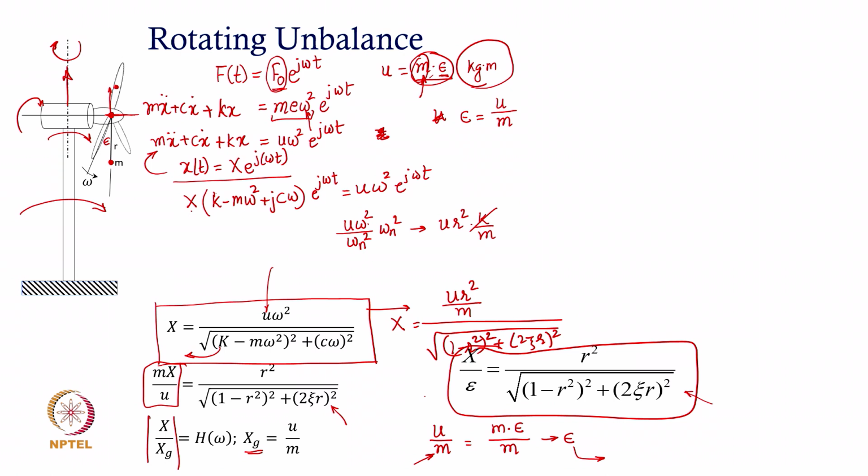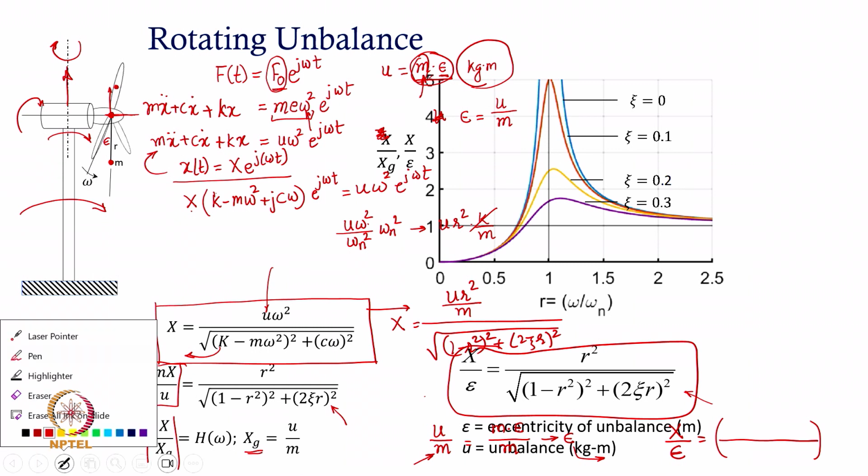Okay. So, now with this amplitude ratio x over epsilon, you can find out the response amplitude normalized with respect to the unbalanced eccentricity as a function of frequency.